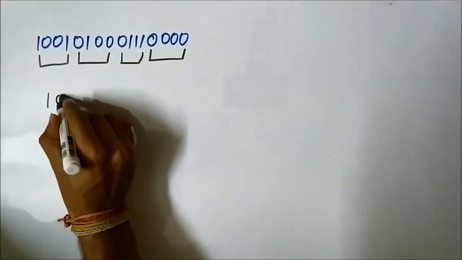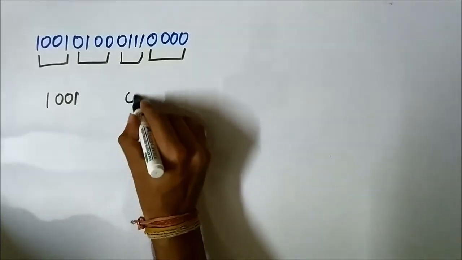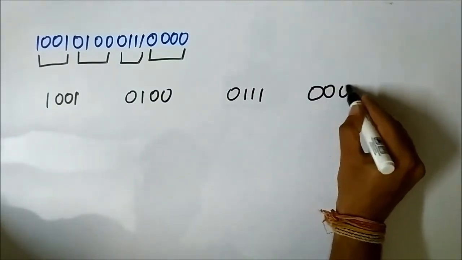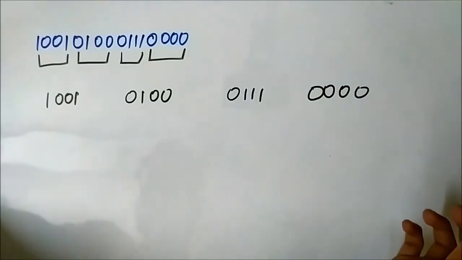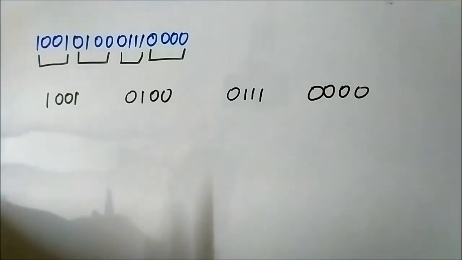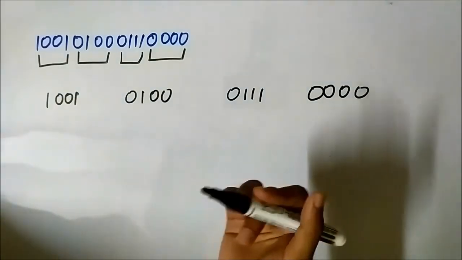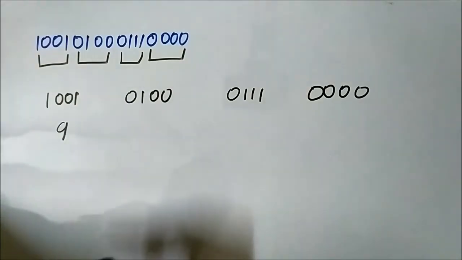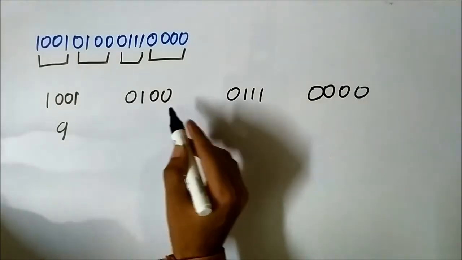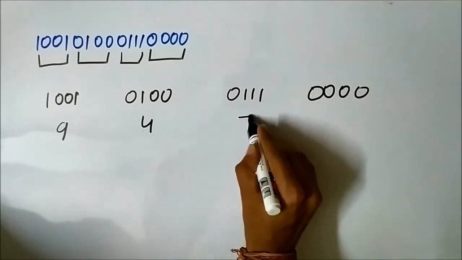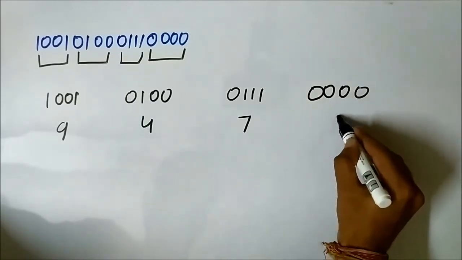So 1 0 0 1, this is one grouping, 0 1 0 0, this is one 4-bit code, 0 1 1 1, this is one 4-bit code, and 0 0 0 0, this is another 4-bit code. Now we convert each of the 4-bit groupings into its equivalent decimal digit. 1001 in decimal form is 9. 0100 in decimal form is 4. 0111 in decimal form is 7, and 0000 in decimal form is 0.